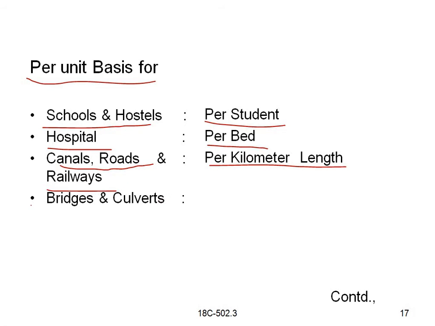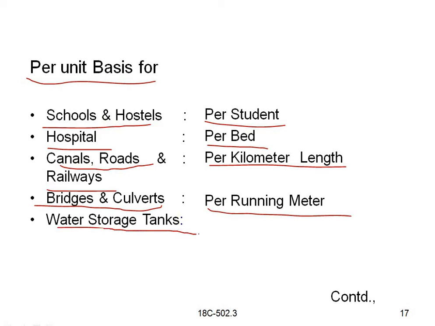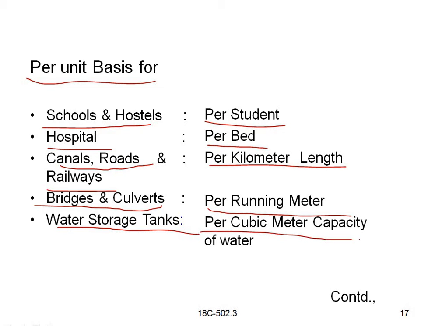Next, bridges and culverts are per running meter, the length of the bridge that should be constructed. And water storage tanks are shown per cubic meter capacity of water.